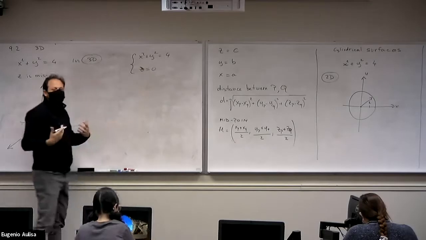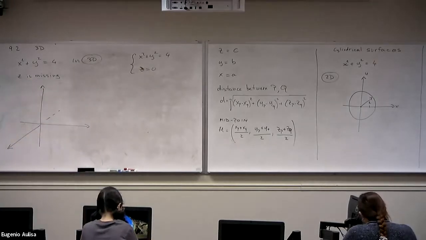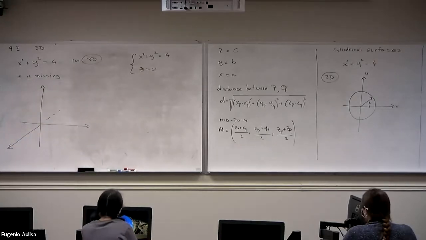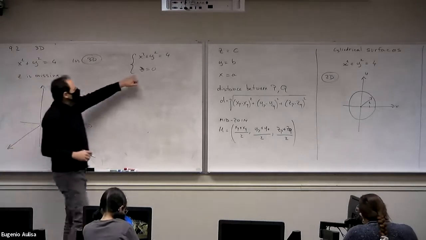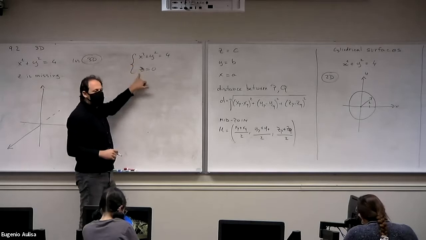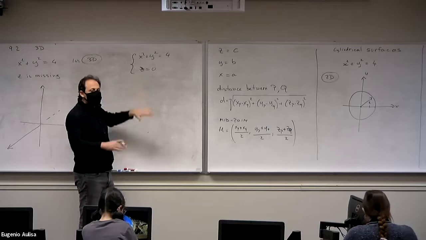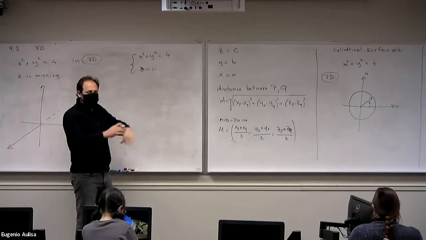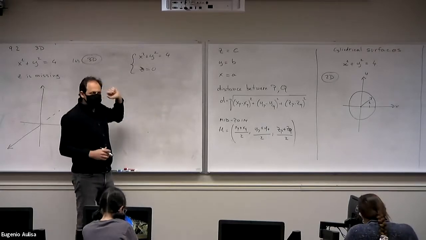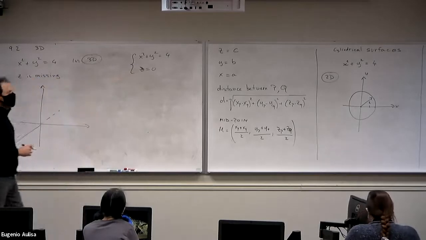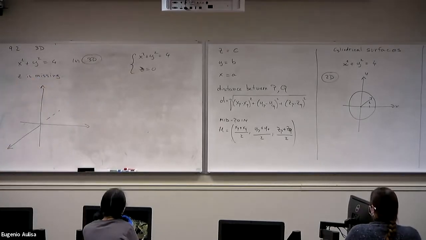I want to see what happens if I cut this surface with the horizontal plane z equal to 0. What do you think is this equation? Now, it's a system between this equation and this other equation. It's the system between two surfaces. It's the intersection between two surfaces. What do you think is going to be this equation as z equals 0?